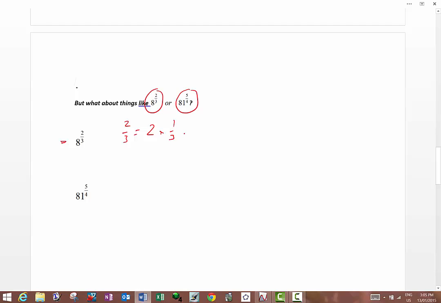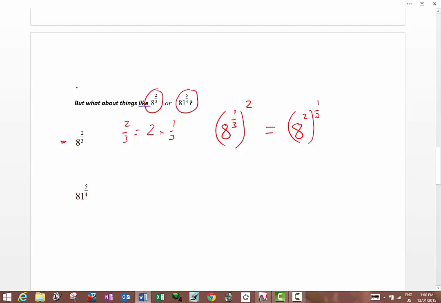And from our rules of indices, we multiply powers when we raise a number with a power to another power. So this would be the same. We get this 2/3 from 8 to the third, squared, and also from 8 squared to the power a third. In both cases we multiply the powers together, and 2 times a third is 2/3.